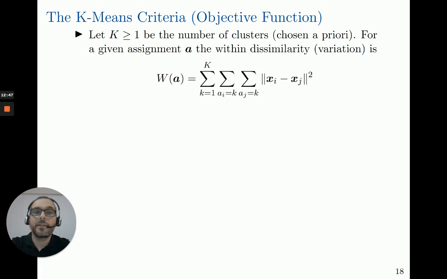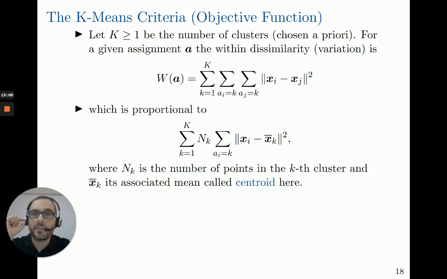Given an assignment A, we can compute the dissimilarity variation within a cluster as the expression you have on your slide, and this will be proportional to this expression, where n is the number of points in the kth cluster and x bar is called the centroid, the mean attribute in that cluster.